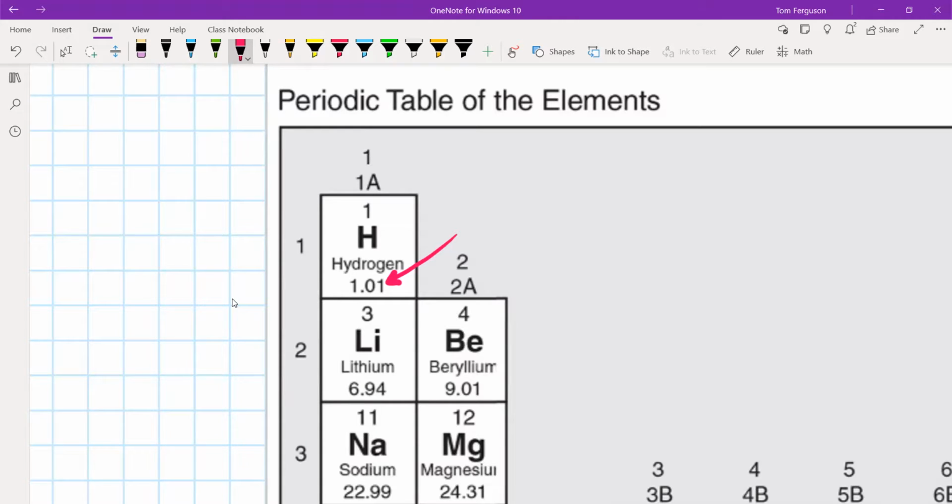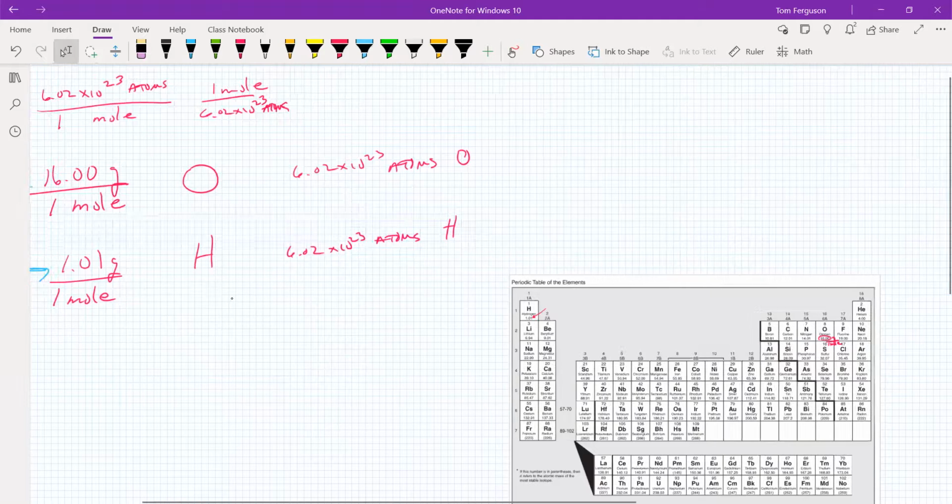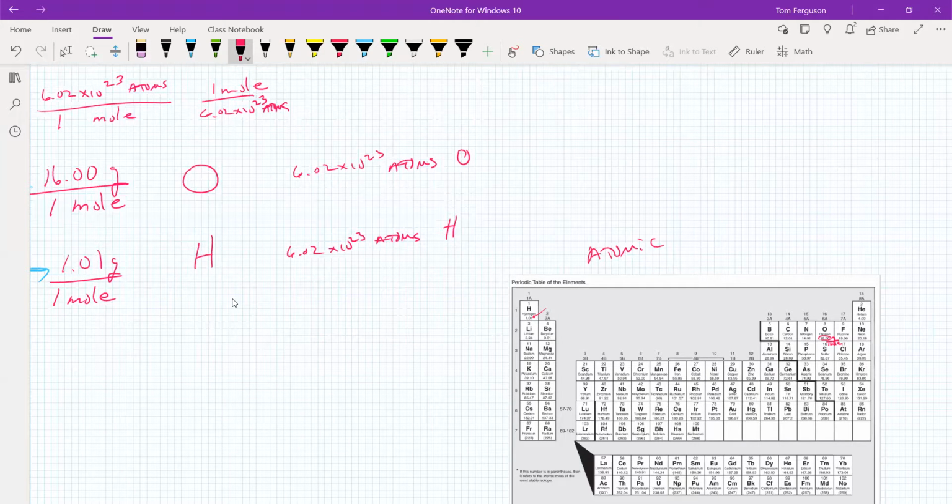It just depends. This particular periodic table is rounded to 2 decimal places. So the molar mass, the atomic mass, can be found from the periodic table.